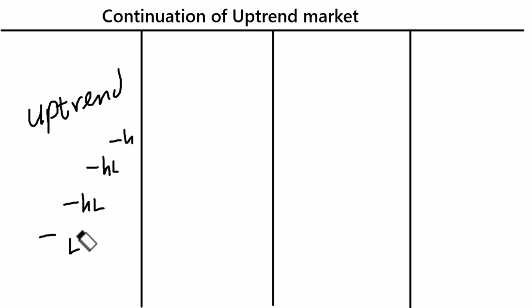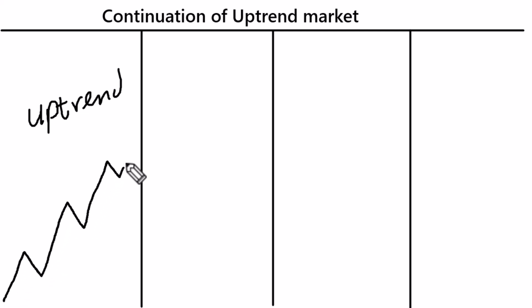I will repeat that so that you guys can understand that we have already done what uptrend market is all about. So we are not going to spend much time on this. You can see that higher lows, higher lows, higher low. The next low is higher than the previous low, and the next low is higher than the previous low.